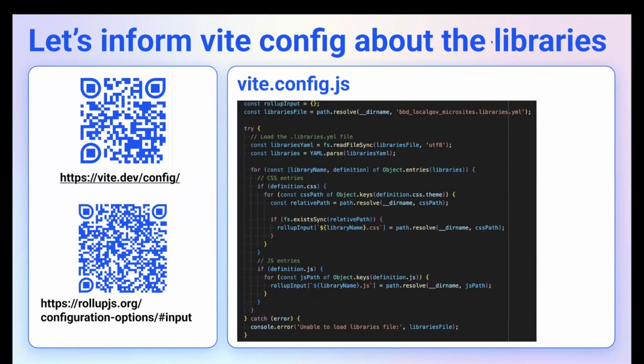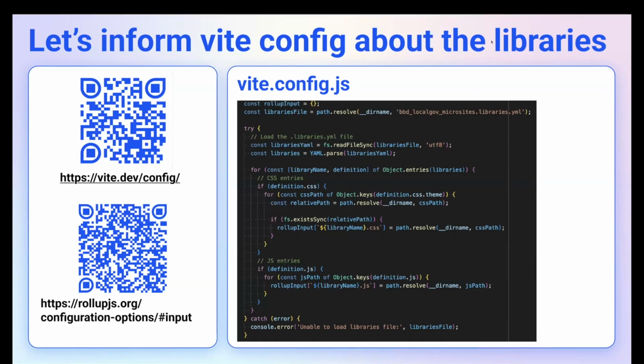So in this case, what we implemented is basically a little script that, using the node package YAML, reads the libraries YAML file and extracts all the references to the CSS and JS files, puts them in a flat array, and then provides it to the Vite configuration, specifically to the rollup input property.